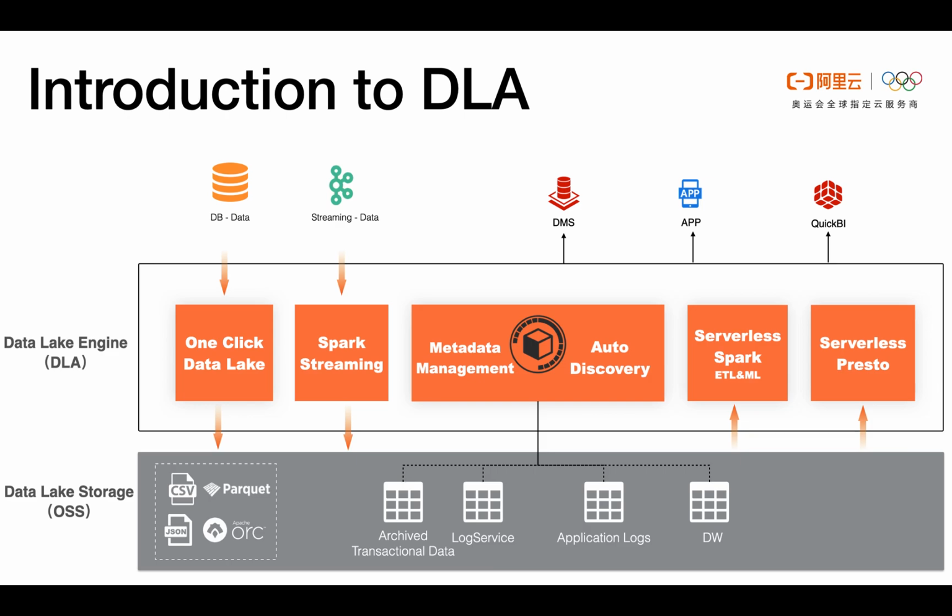We also have a metadata service to manage our metadata, and it supports auto-discovery to automatically get schema from the files without executing any DDL. And we support two kinds of analytics engine, the Spark and the Presto.